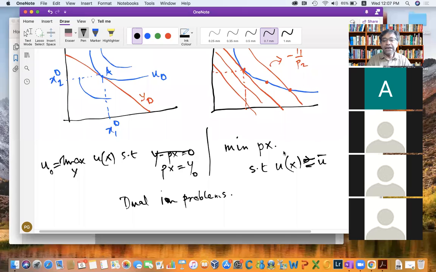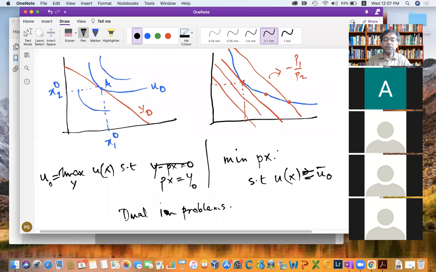Now, let's say in the dual problem, we take this U0, right? The value we got by maximizing utility in the other problem, given this fixed income level. Suppose I plug in that value into my constraint, right? So minimize expenditure subject to utility being no less than U0, this U0 that we got, right?